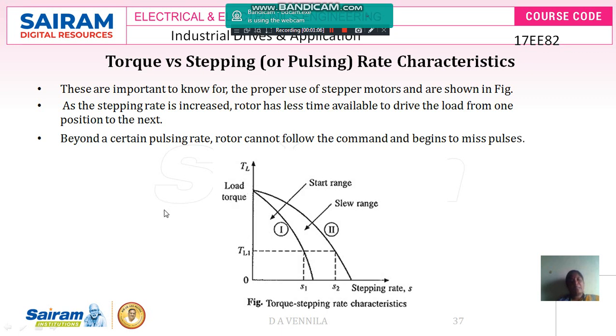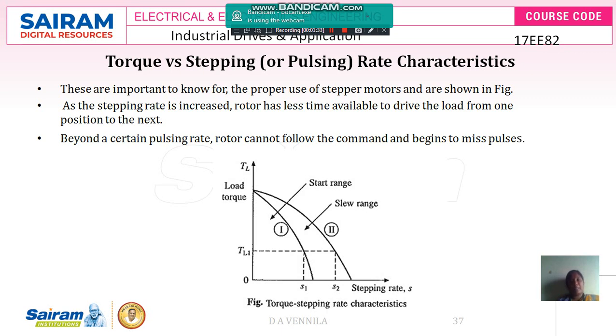As the step rate is increased, the rotor has less time available to drive the load from one position to the other. If you keep on increasing the step rate, the rotor will have very little time to drive the load from one position to the other.